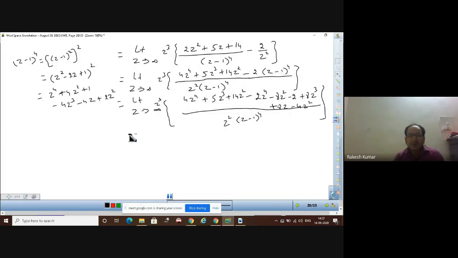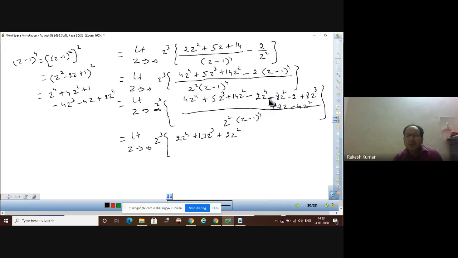Now we have to try to cancel the terms which are cancelable. So limit z approaches to infinity, that is z cube, and this is 4z4 and that is minus 2z4. So that comes out to be 2z4, 5z cube plus 8z cube comes out to be 13z cube, and 14z square minus 4z square, that is 2z square.